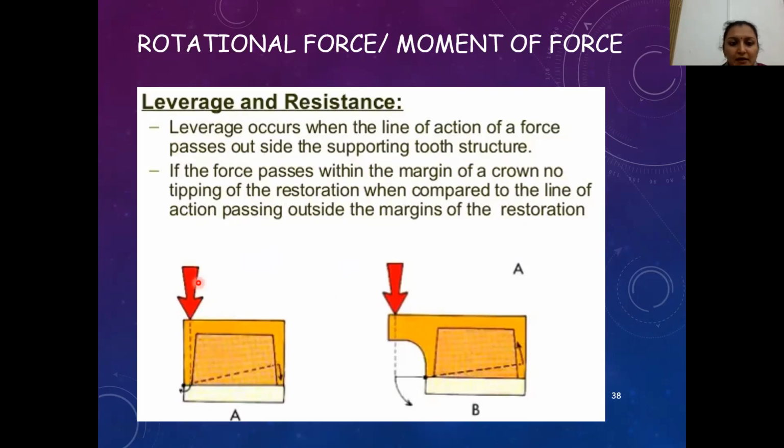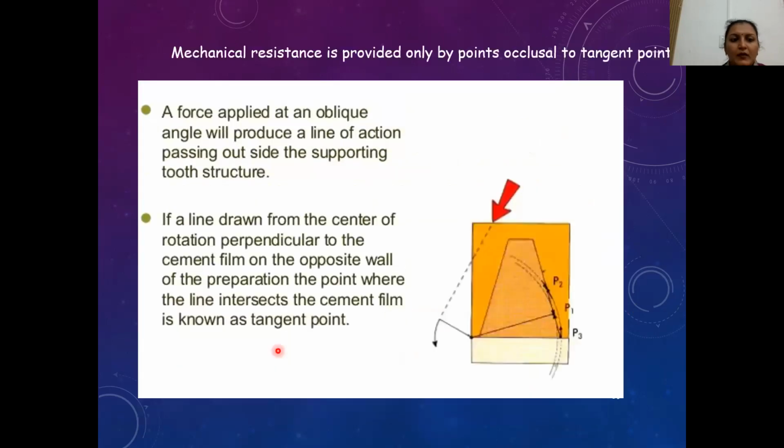If the force passes within the margin of a crown, no tipping of the restoration will occur when compared to the line of action passing outside the margins of the restoration. A force applied at an oblique angle will produce a line of action passing outside the supporting tooth structure.